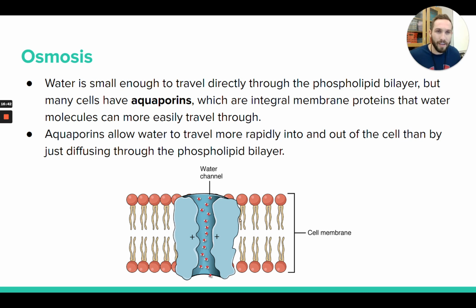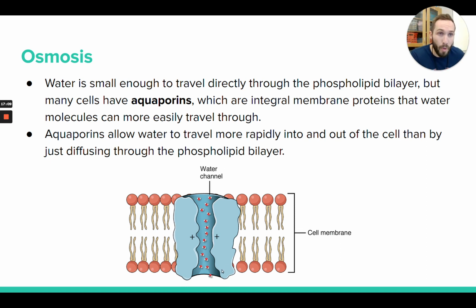And so a lot of cells have evolved to have these special transport proteins called aquaporins. Aquaporins are proteins that allow water to go into and out of the cell way more easily. And so that's what this guy is here. It's basically a channel for water to quickly move across the cell membrane so that this helps with osmosis happening a lot more easily inside the cell.